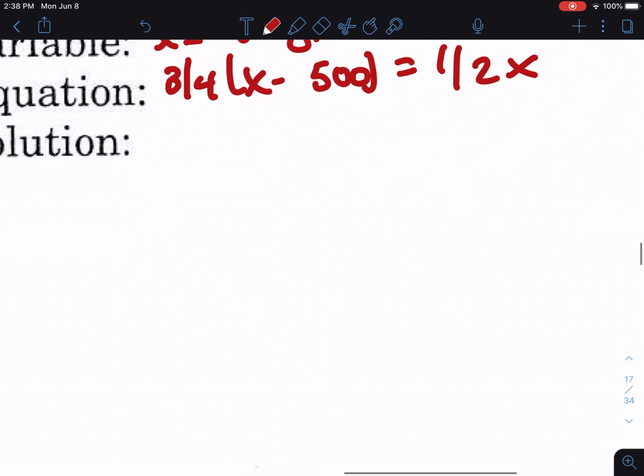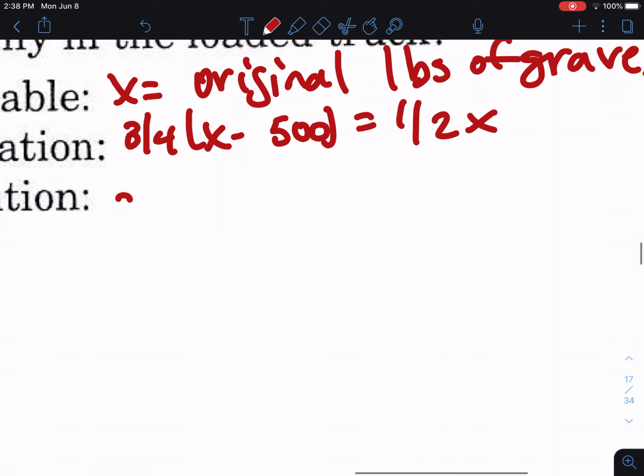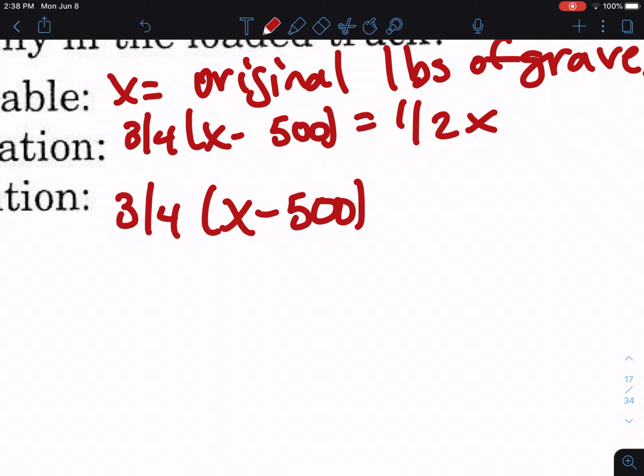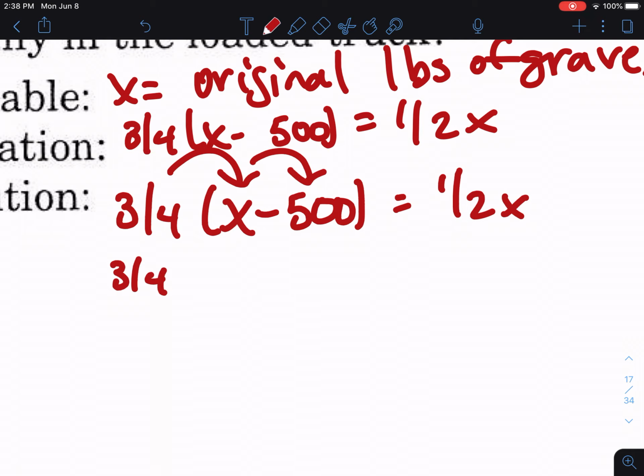So I'm going to write it down a little better over here. 3/4 parentheses X minus 500 equals 1/2 X. I got to distribute this 3/4 to everything in the parentheses, so I have 3/4 X minus, so 500 times, don't forget to use your calculators, 3/4 is 375 equals 1/2 X.